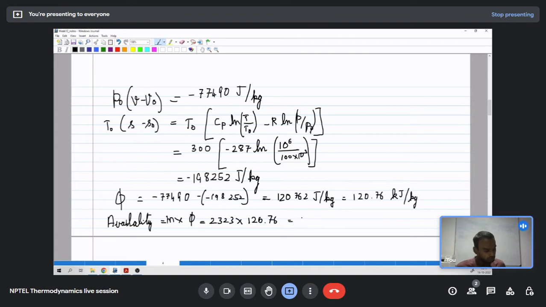This will become 280,525 kilojoules, or 280.5 megajoules. So this is how we calculate the availability of a given system.